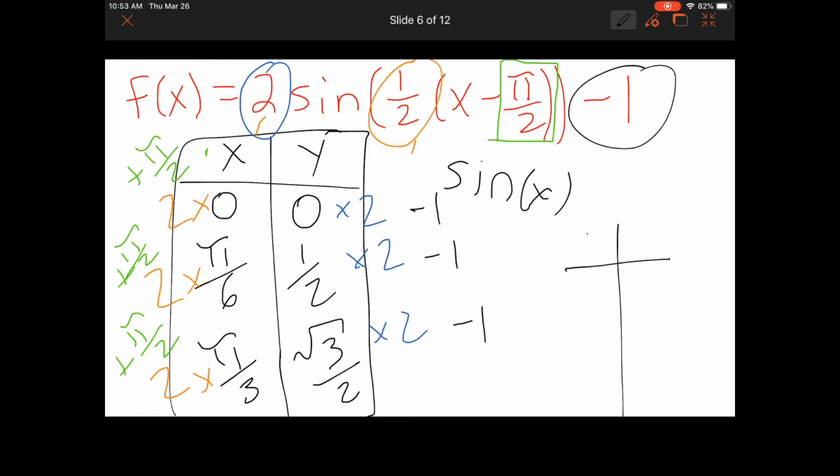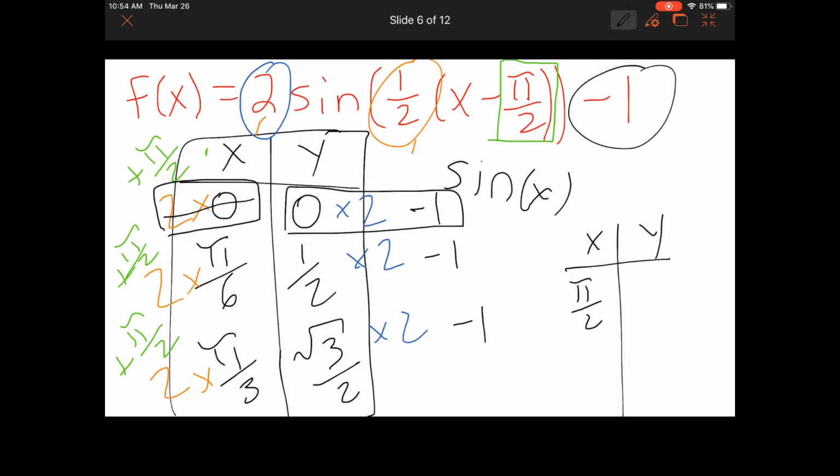When you get your new data table, I'll just do the first 2, and I think you guys will get the point. So 2 times 0, well, that's easy, it's 0, plus pi over 2. My y value here, I have 0 times 2, right? Order of operations, always do your multiplication first. So 0 minus 1. That is my new data point compared to the parent function.